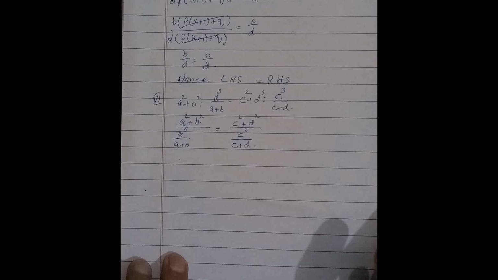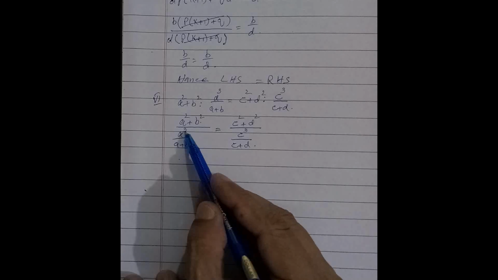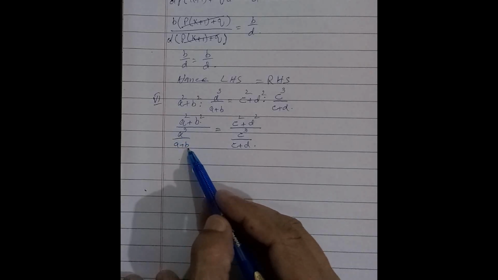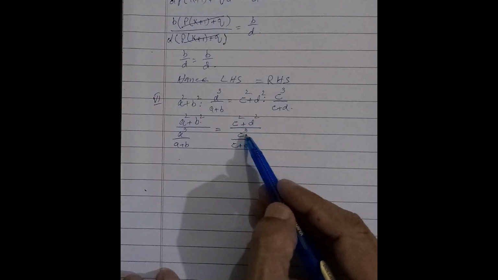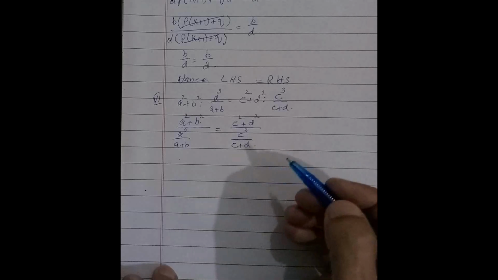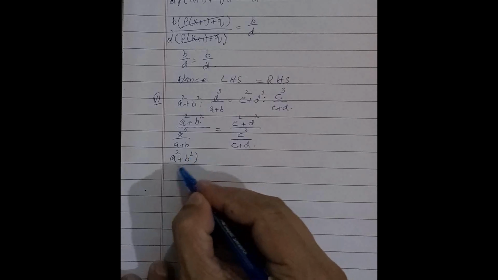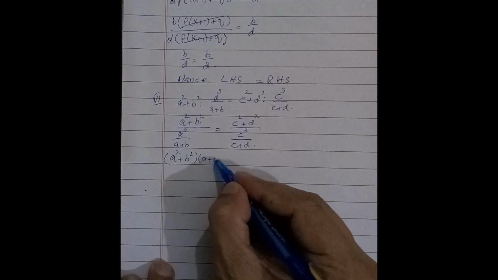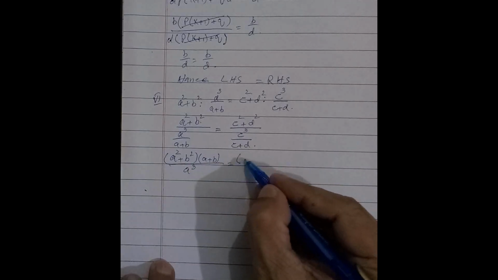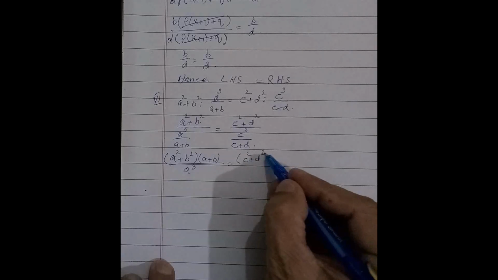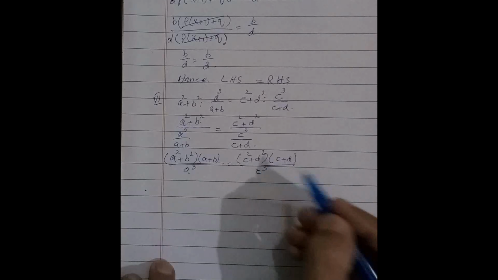First we write them in the fraction form, in which (a^2 + b^2) over a^3 over (a + b) is equal to (c^2 + d^2) over c^3 over (c + d). And further we write it (a^2 + b^2) into (a + b) over a^3 is equal to (c^2 + d^2) into (c + d) over c^3.